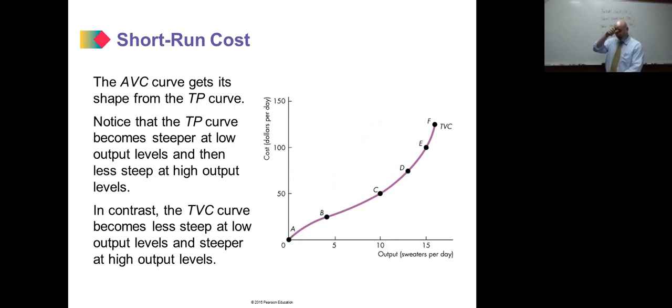In contrast, the total variable cost curve becomes less steep at low output. Remember, it's going to change with output. So if output is slowly rising, our curve is going to be less steep. But if output goes through high levels, we're going to see it get steeper.